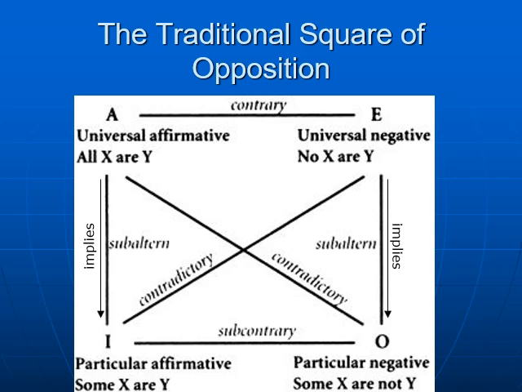This is truly a remarkable achievement. Now we'll see, especially next week, more about what can be done with it. But it's important to get some of the basics down in order to do that. And that's what we're doing this week with categorical statements and the traditional square of opposition.